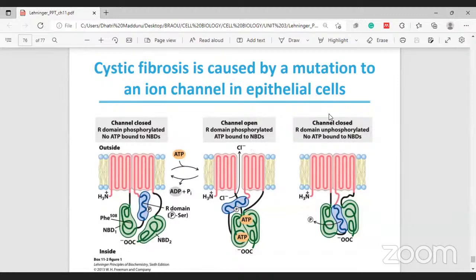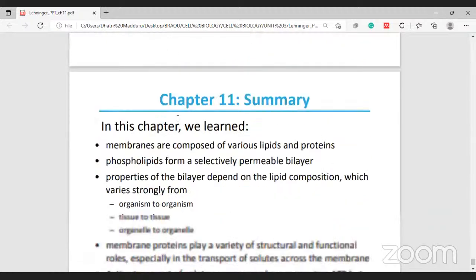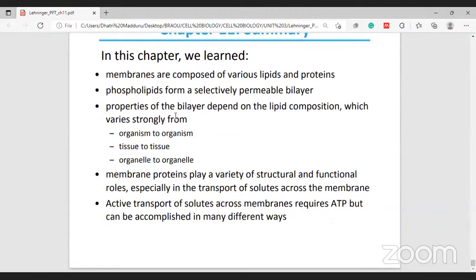After some time, the channel again gets closed, the R domain is unphosphorylated and no ATPs are bound. That is how the closing and opening happens.